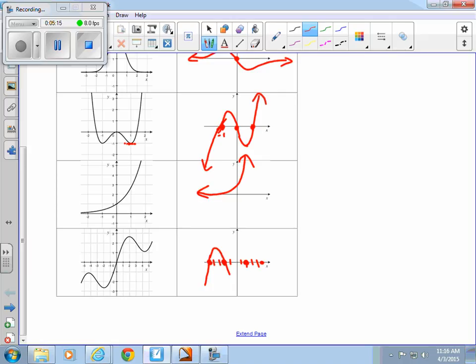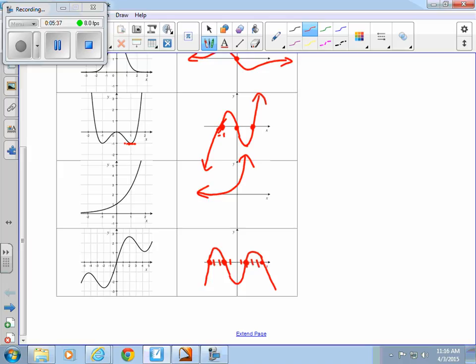At 0, I'm going to have a change in concavity, so I'll turn around. Something like that. Is it perfect? Probably not, but I can get a general shape of what this graph looks like.